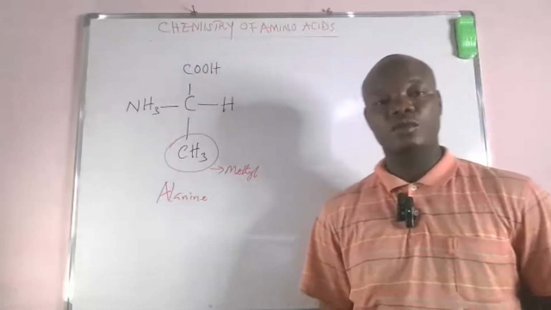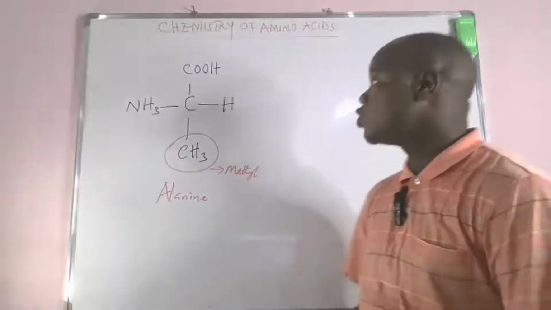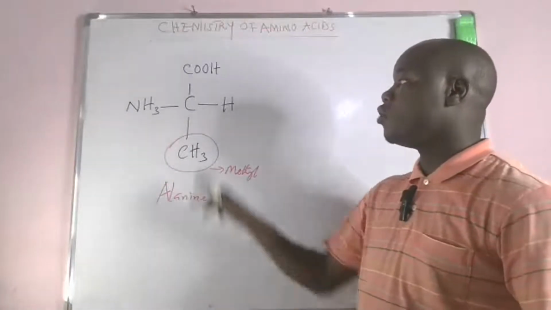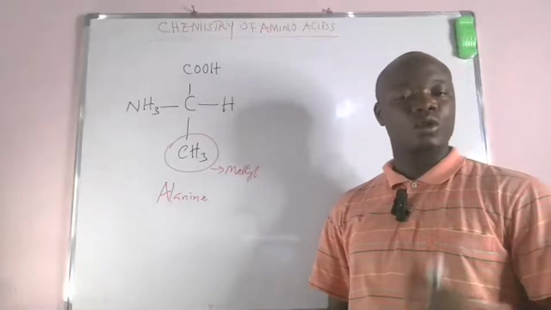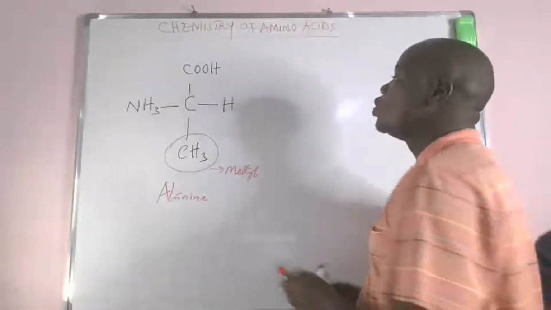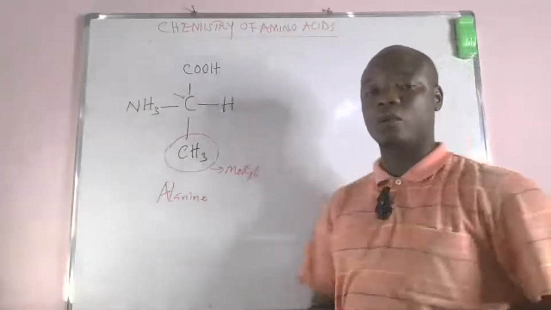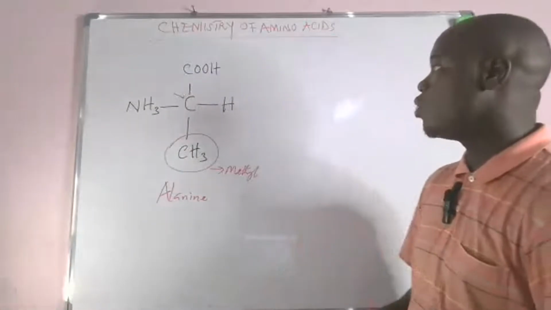And if you still remember from the last class, I told you to look at this carbon. We did isomerism in carbohydrates. What do we call this carbon, please? Who can tell me what is the name of this carbon? Look at it very well.